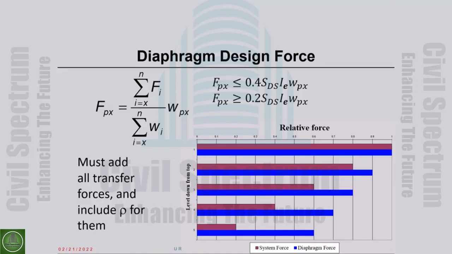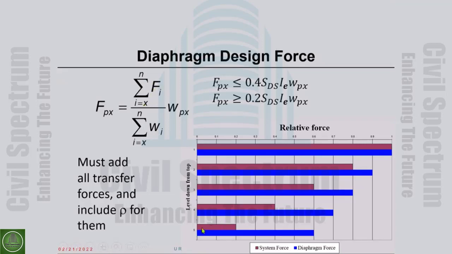Parabolic distribution for buildings with period more than 2.5 seconds. In between, we do an interpolation between a linear and a parabolic distribution. That gives us the F sub i forces, F sub i at floor level i.